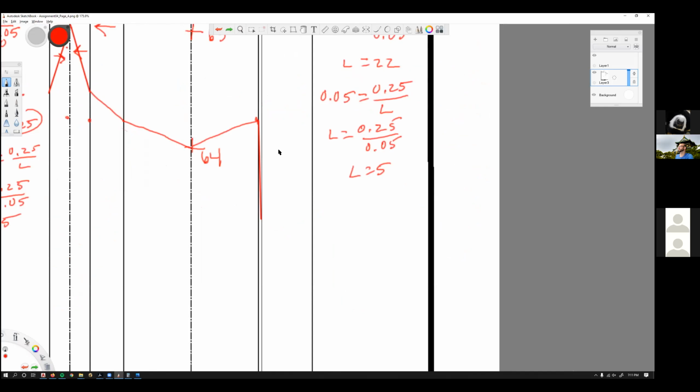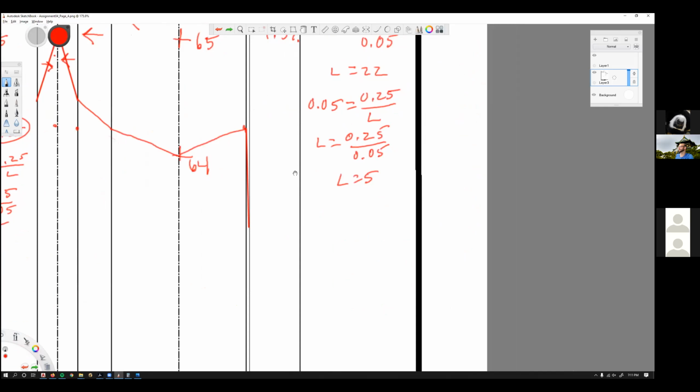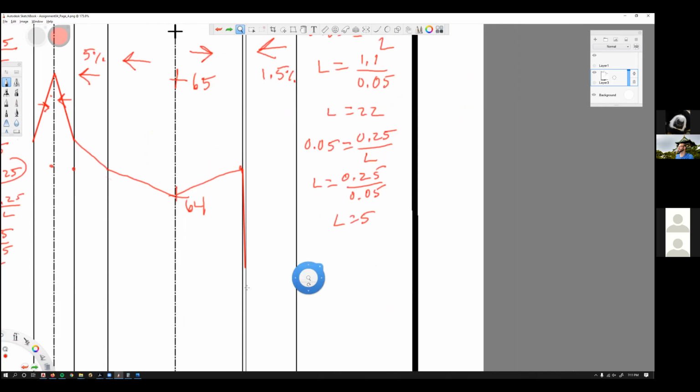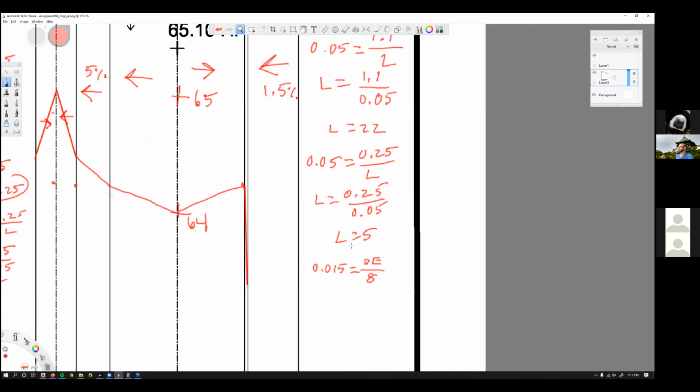Okay, so for this next part, we know that the sidewalk has a 1.5% slope, and it is 8 feet wide. So now we want to find out the difference in elevation between these 2 points. So we have our 0.015 slope equals DE that we want, over the length of 8 feet, because that's the width of the sidewalk.